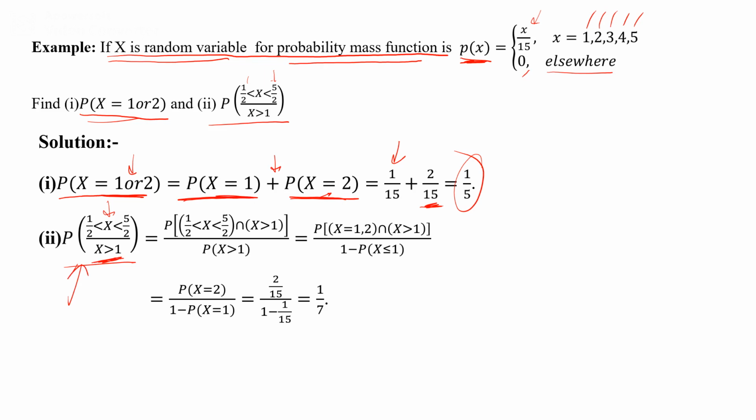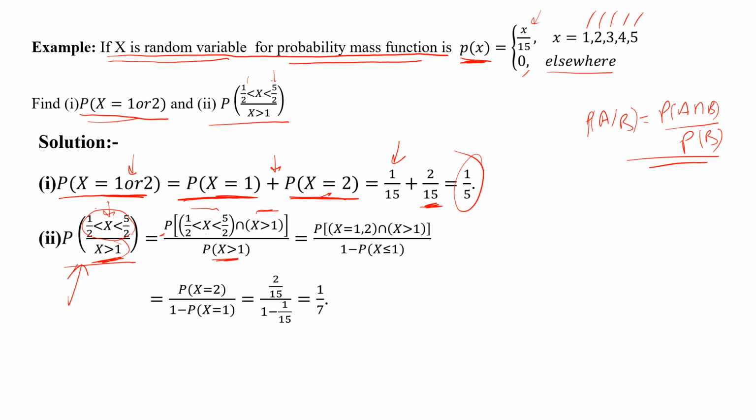If we suppose this is A and this is B, then the probability of A given B, if you remember the formula, is the probability of A intersection B divided by the probability of B.